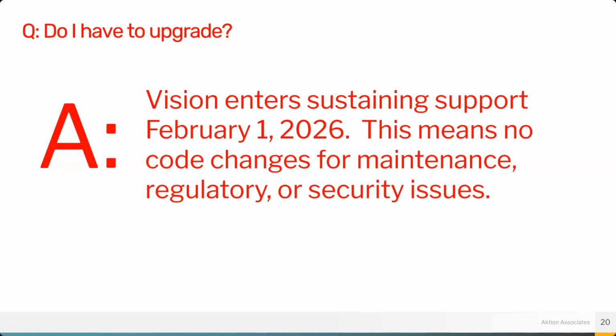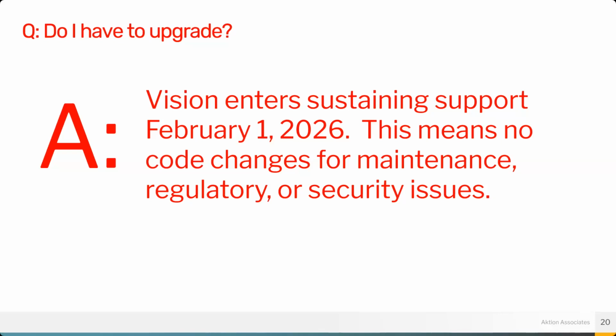But using it afterwards, it is not going to receive any more updates to the application. So there is probably a push to get you to move before February 2026, but I know firms I've talked to may not be ready by this time. We want to make sure that you're aware that there will be no more code changes for updates needed to the system, whether it be regulatory or security issues.